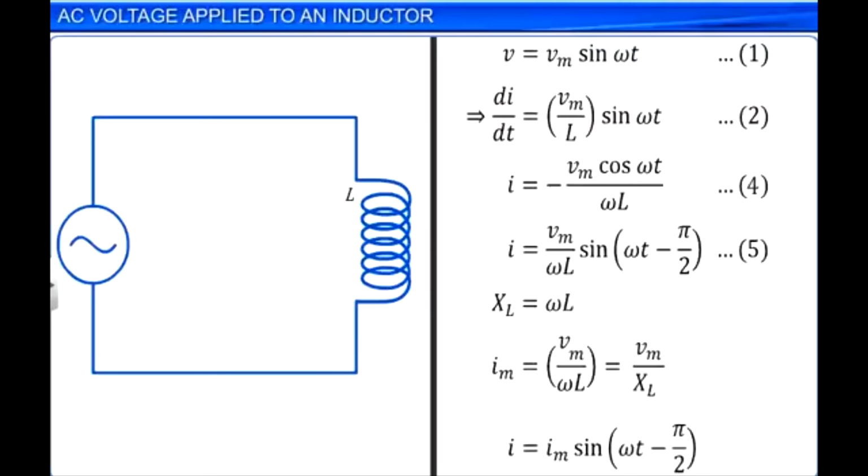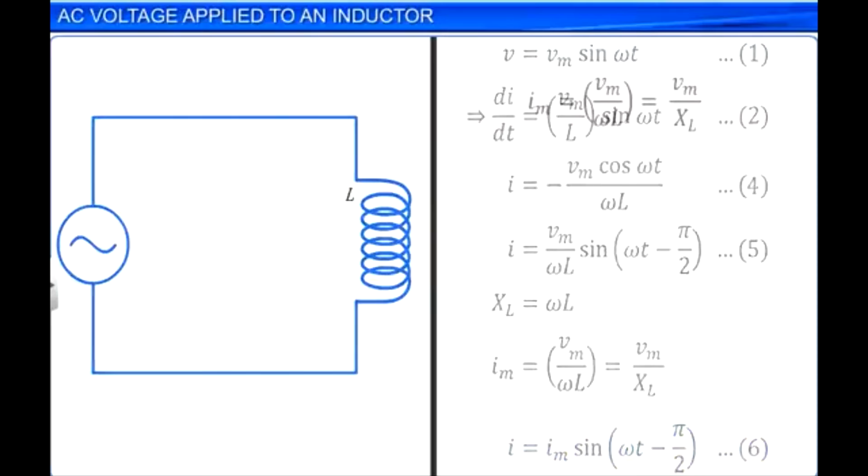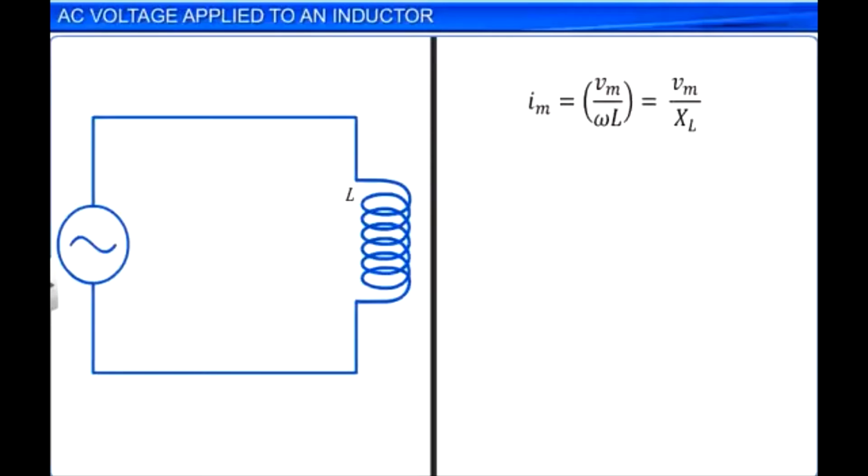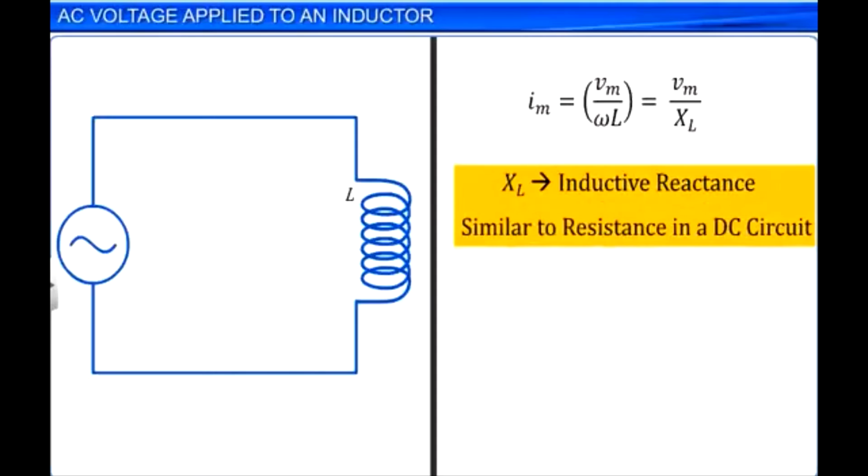The expression we used earlier for Im implies that the value of current in comparison with the value of voltage is limited by the denominator, which we call the inductive reactance of the circuit. This, by analogy for a simple resistive circuit, can be considered equivalent to resistance.